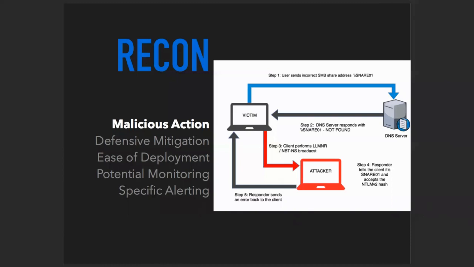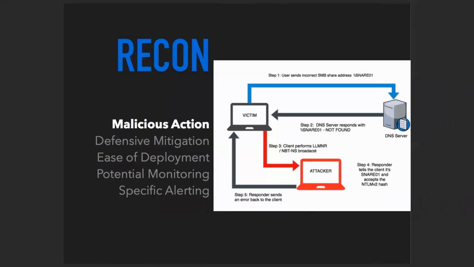Like if you have a box that's looking for a share that doesn't exist, or they type a share name incorrectly, or they have a mapped share that's mapped incorrectly or isn't there anymore, Responder can respond to those and spoof those requests and listen for all of that.